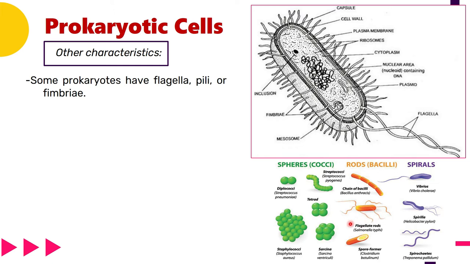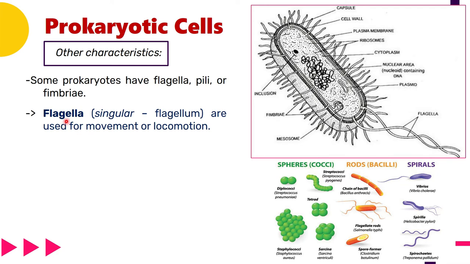I forgot the pronunciation. Let us say typhi. Salmonella typhi. Okay? So some prokaryotes have pili or fimbriae. So let us know the function of each of these cell structures found in prokaryotes.